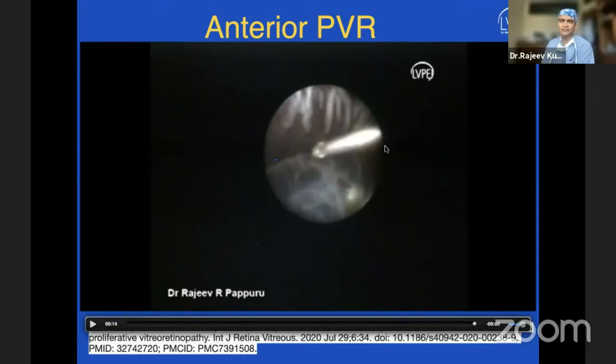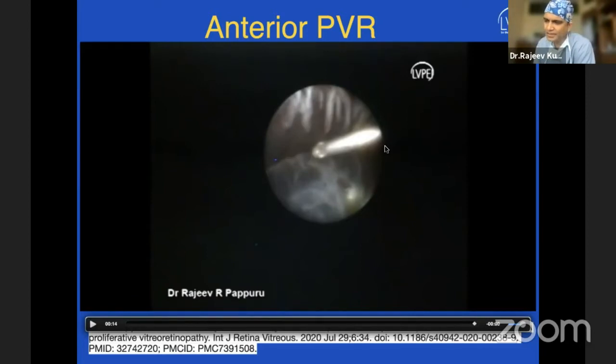These are the cases where you have good visualization and are able to do vitrectomy, but you feel that the PVR is much, and most of the time what we'll do is, okay, it's not settling, I've cleared off all the membranes, why is the retina not settling? We feel that there is contraction of the retina, and maybe that's the reason you would end up cutting the retina. This would reduce the amount of retina you might end up cutting.